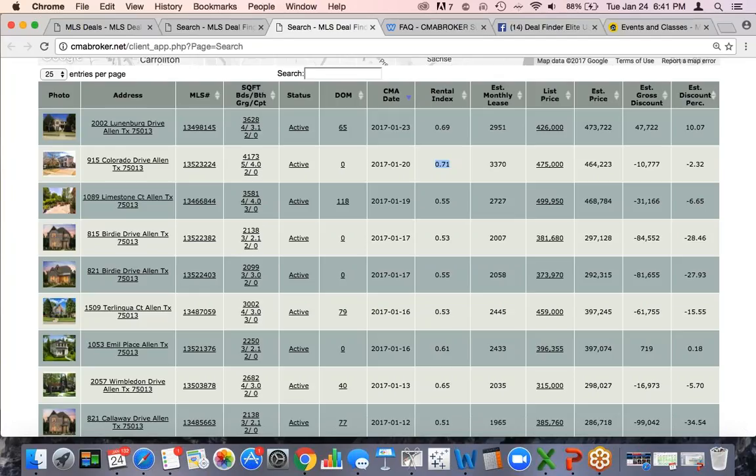Usually you want to look at putting 20% down and still be able to get a good cash flow. So usually I recommend folks look at a rental index higher than 0.8. With 0.8 or higher, you're going to be a little bit better off because you're a little more conservative financially.